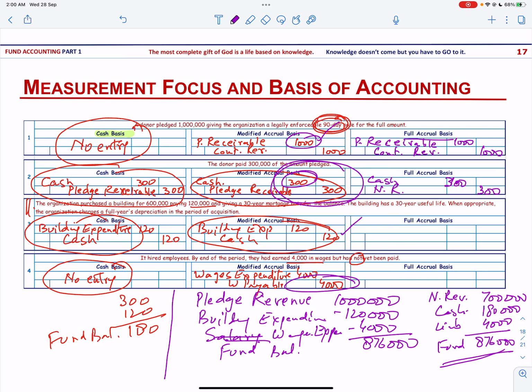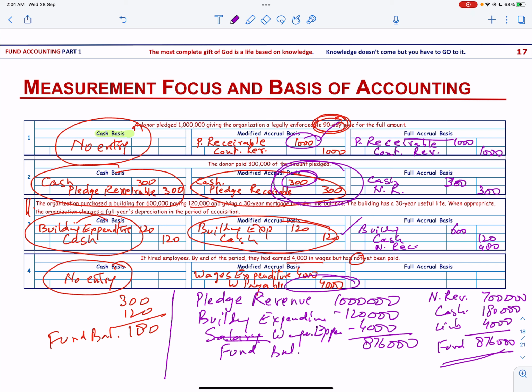Then we have the full accrual basis for the payment. We have purchase of building, so now building is debited by 600,000, cash is credited by 120,000, and notes payable is credited by 480.